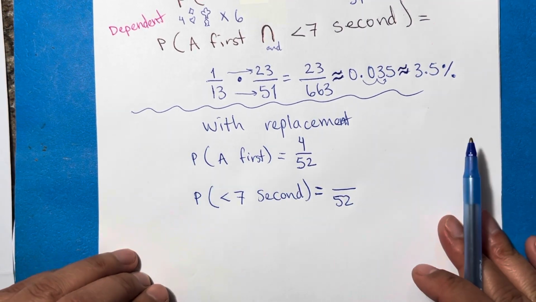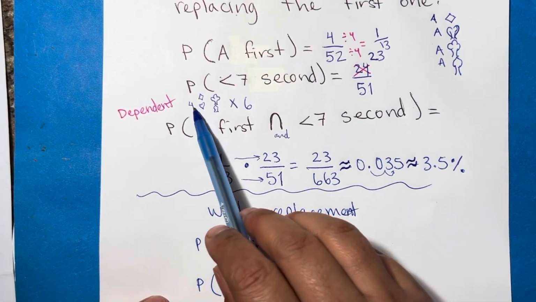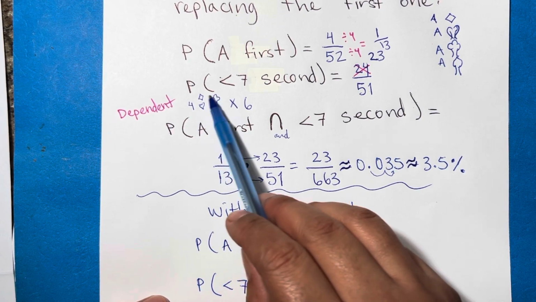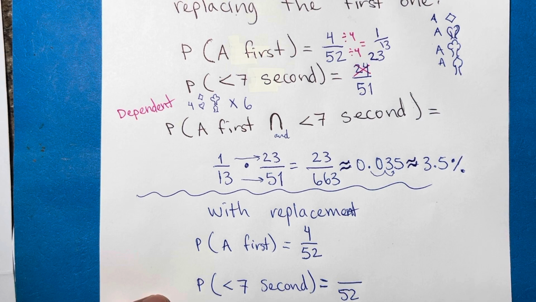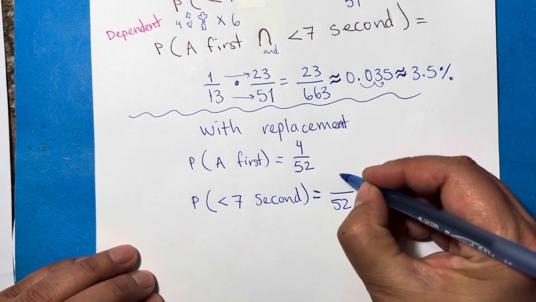Since you're putting the card back, there are also four shapes, and each shape you will have chances of an ace, a 2, a 3, a 4, a 5, and a 6. So that's, now it is 24.